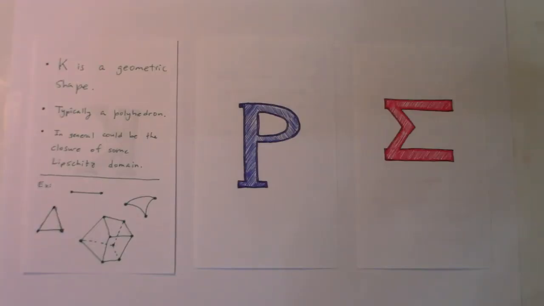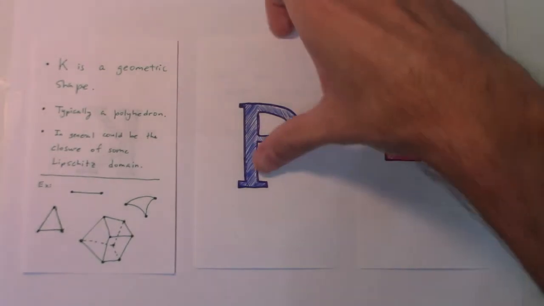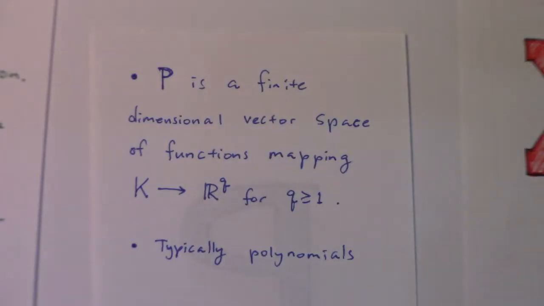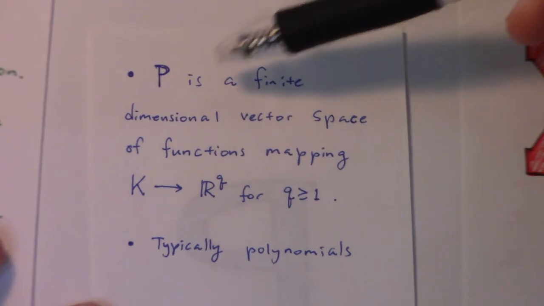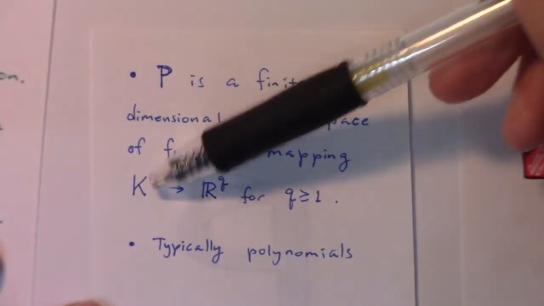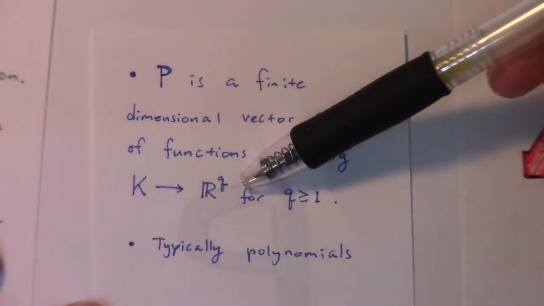So next up, we have P, and P is actually going to represent our function space. So let's go ahead and take a look. So there's not too much to say about P. P is a finite dimensional vector space of functions mapping our shape, K, to R^q.